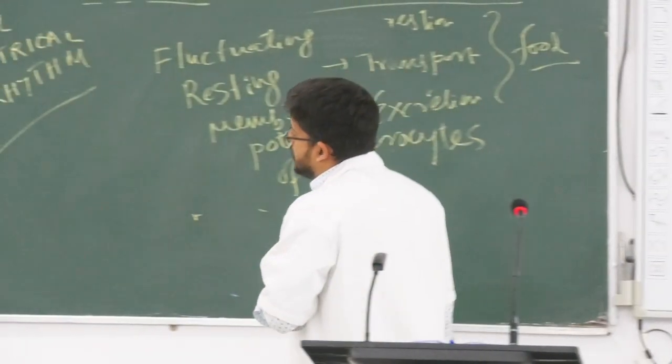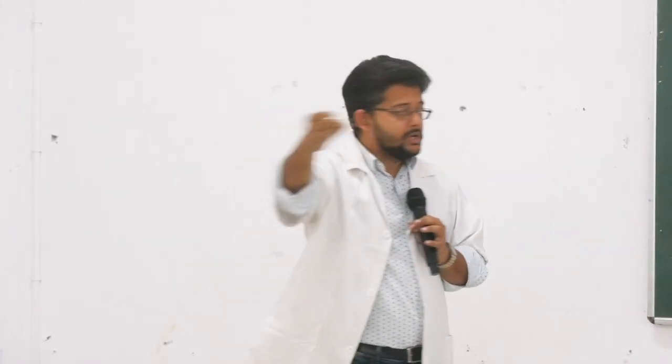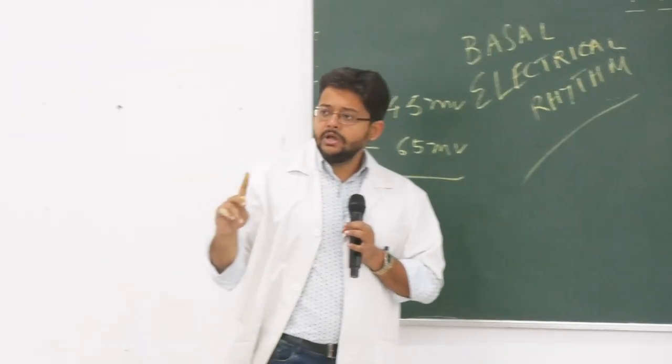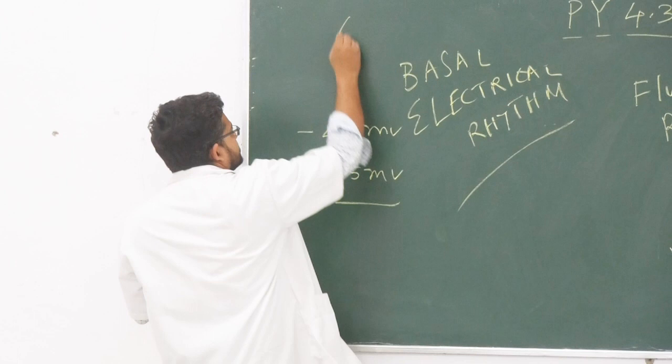এটা আর কোথায় পাওয়া যায়? In heart we do get it. কোথায় পাই? In the sinus node, in the AV node, মানে পেসমেকার সেলগুলোতে। So basically একটা পেসমেকার এবিলিটি রয়েছে এই সেলগুলোর, and we call them, যেখান থেকে basal electrical rhythm is actually sourced, সেইটার নাম হচ্ছে anybody, yes, the cells of Cajal.